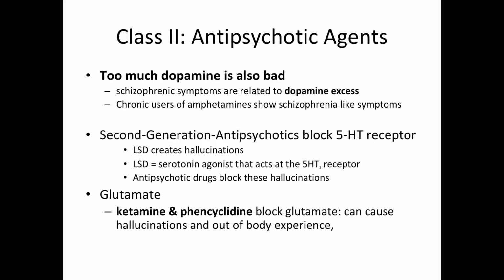So LSD produces hallucinations and is a serotonin agonist that acts at the serotonin receptor, or what we also call the 5-HT receptor. So hallucinations are symptoms of schizophrenia, suggesting that an increased level of serotonin, or excess serotonin action, is involved in schizophrenia as well.